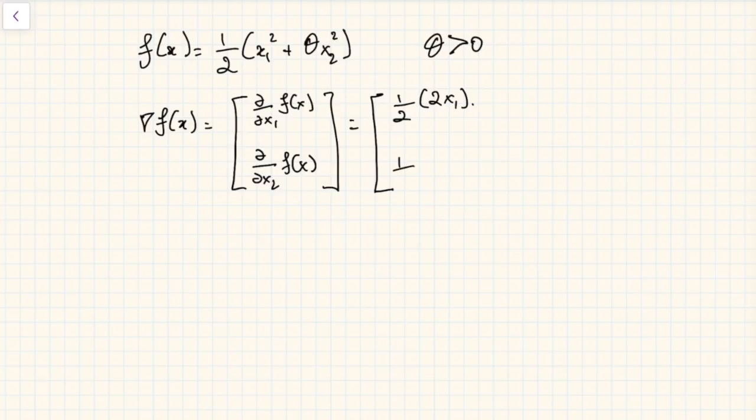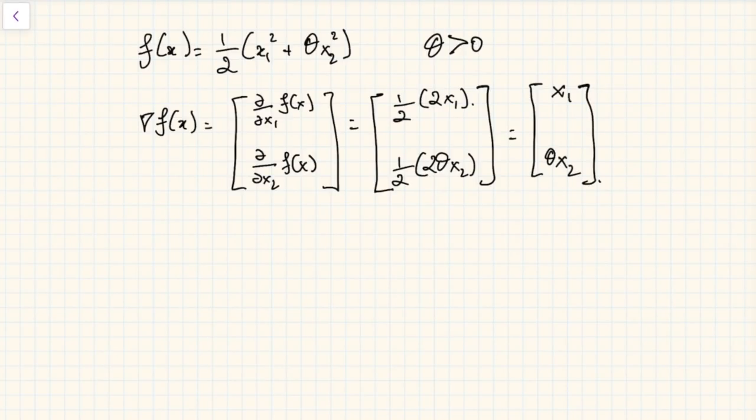And if we do the same thing with respect to x2, we get 2 theta x2. That is nothing other than x1 and theta x2. So this is all we need to run our gradient descent, whether with exact line search or with backtracking. And let's see how things go on.